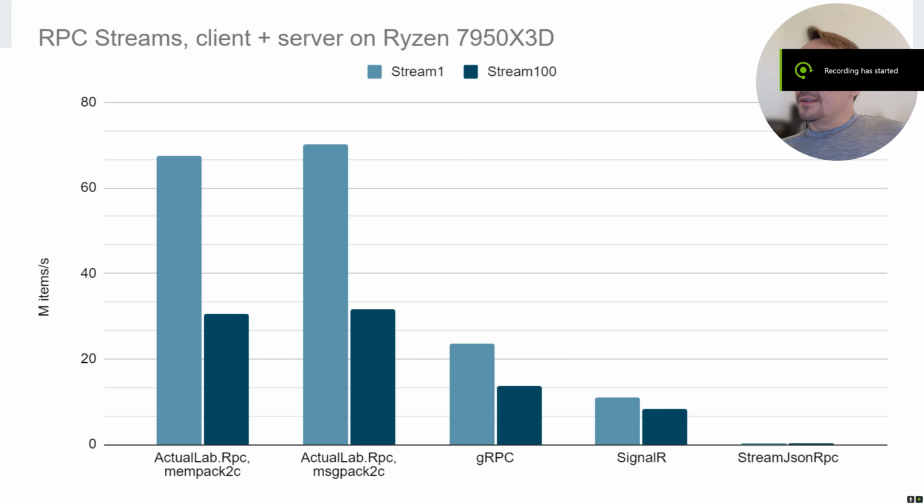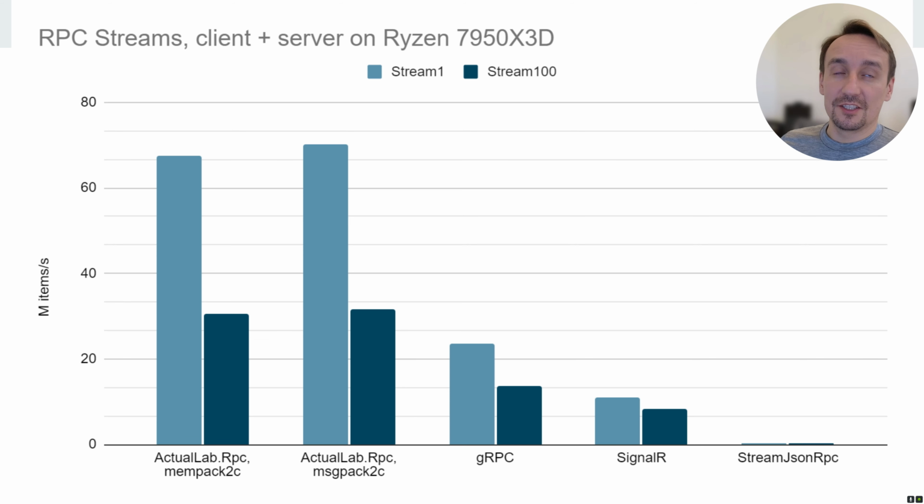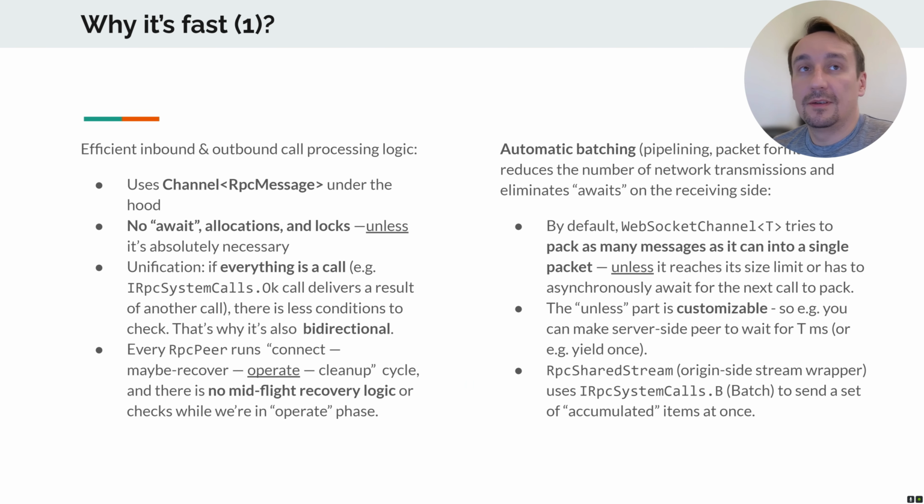And here is the chart for streaming. As you can see, the server here sends, I think, about 70 million calls per second. I mean, server plus client on the same machine. So why is it fast?